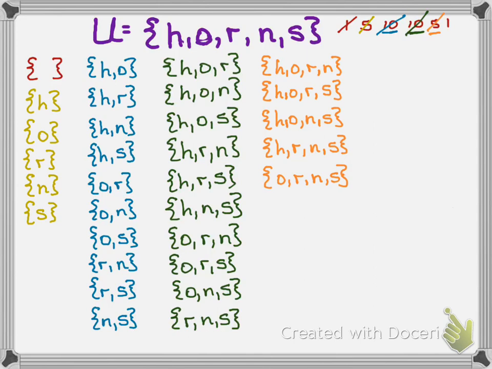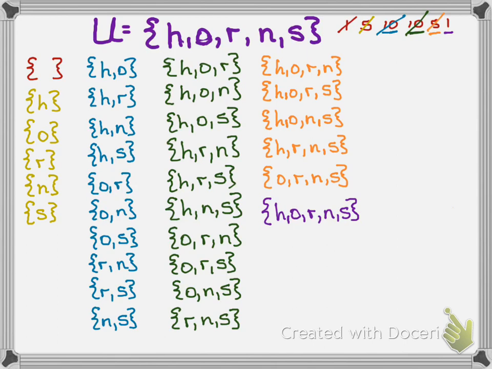Now, then we have one last one. And remember we said that there is a subset that is always the same as the universal set itself. So we're looking for 1. H-O-R-N-S. There is our one set with 5 elements in it.